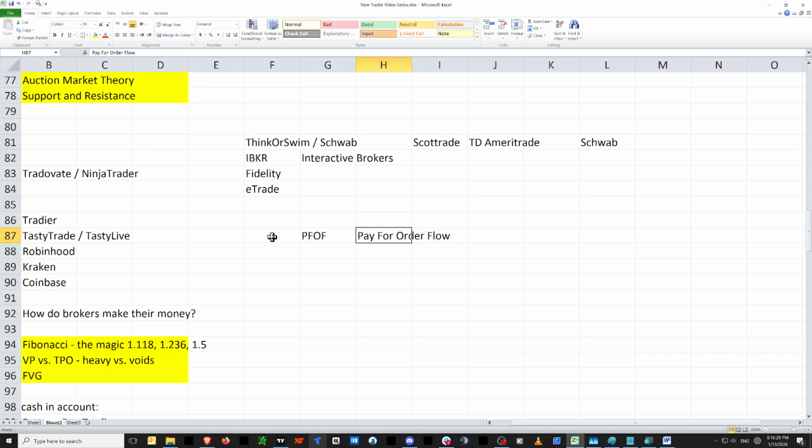So the brokers are still making money, but you're not paying the commission anymore. All right. Enter options and all that other kind of stuff. Robinhood.